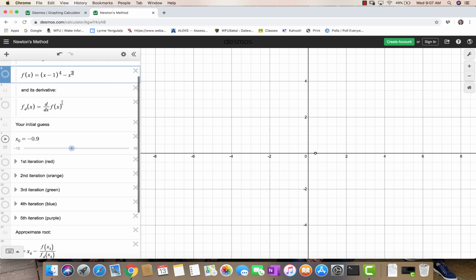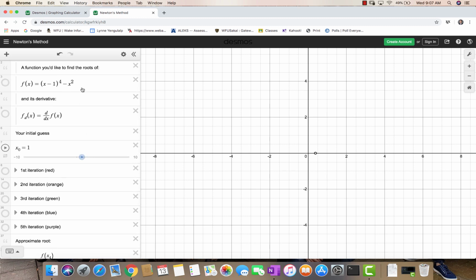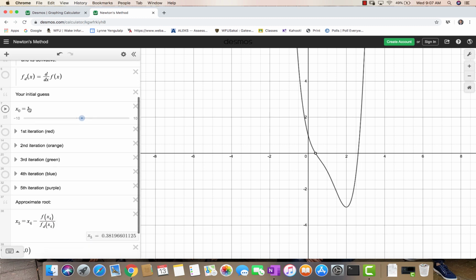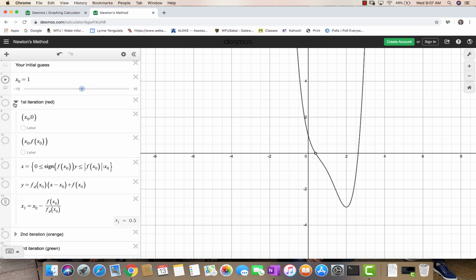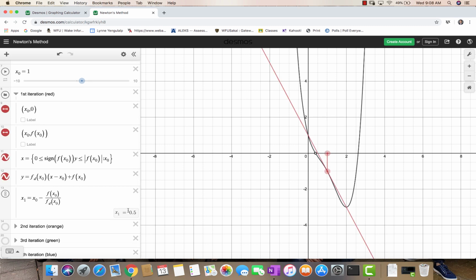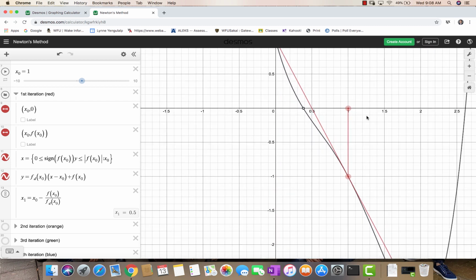So I can just go down and redo the steps that I had done by hand. So here's my function, and if you press this, it'll graph it. Here's my initial guess, and this is going to give me the iterations that come out. So the first iteration, as we see, is the 1/2 approximation. So that's just the image that we were looking at a second ago.